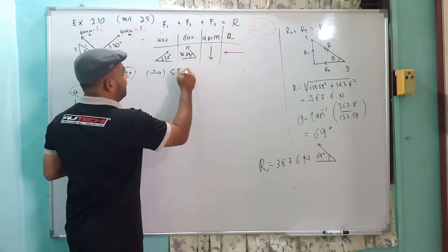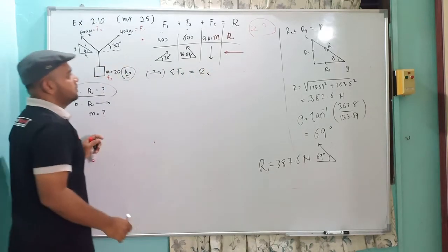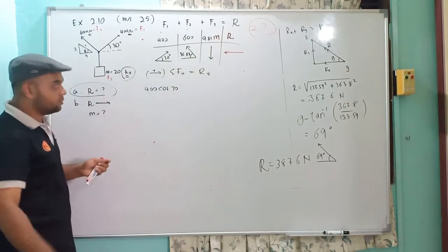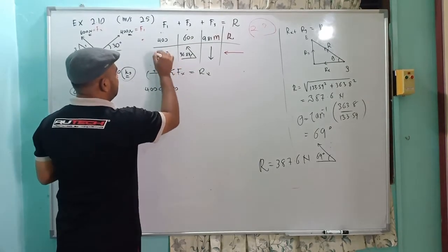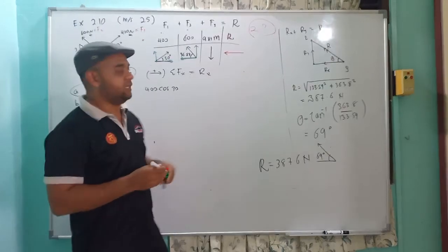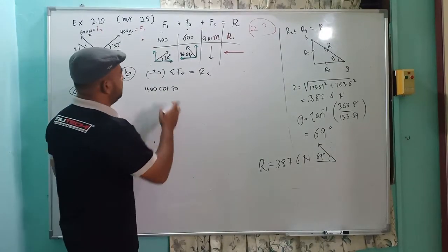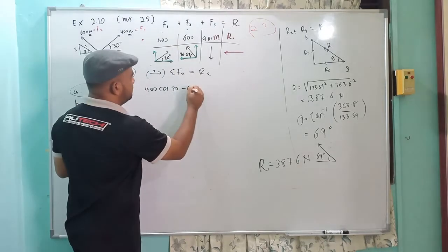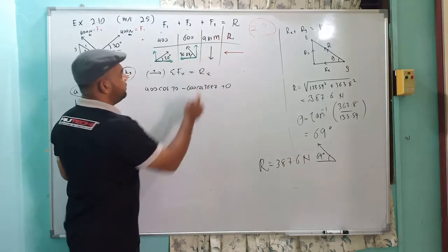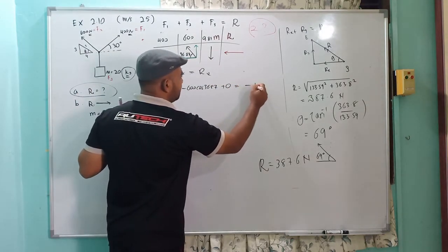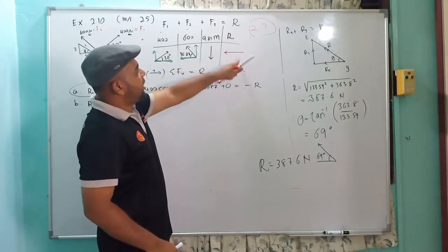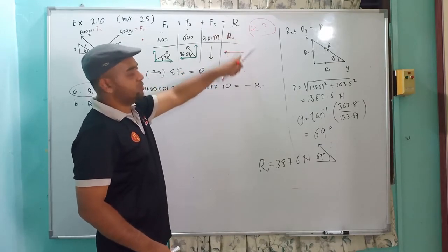So sigma Fx equal to Rx. Okay, so 400 cos 30. So of course here you need to resolve everything in X and Y. X, Y, X, Y. Okay, this is already in Y, this is already in X direction. Okay, so 400 cos 30, this one positive, minus 636.87 plus 0 here equal to negative R. Okay, because the R is only in X direction, so R equal to Rx in this case.